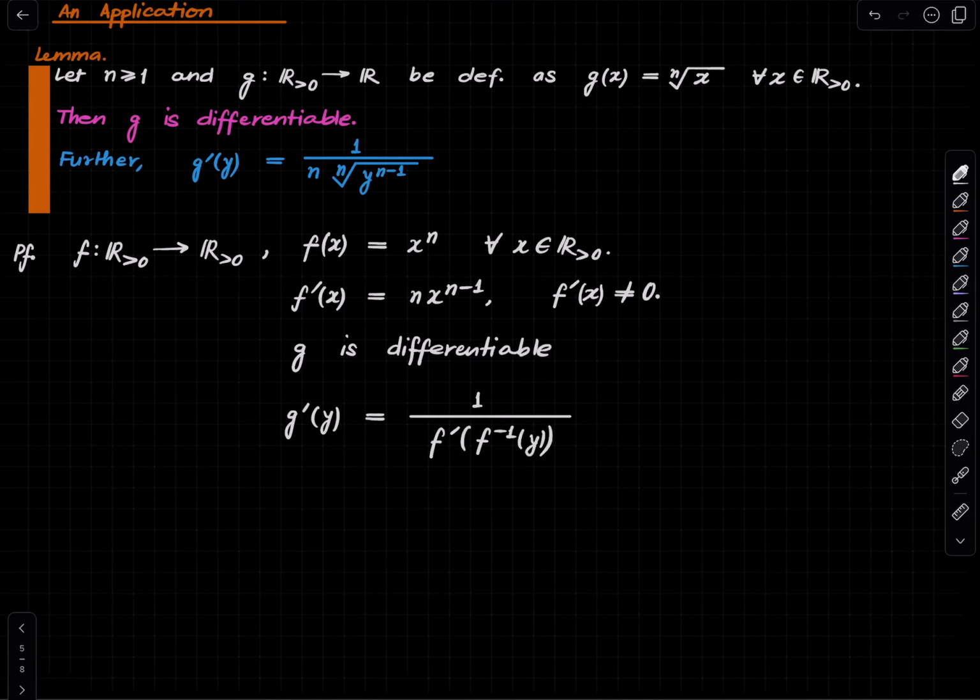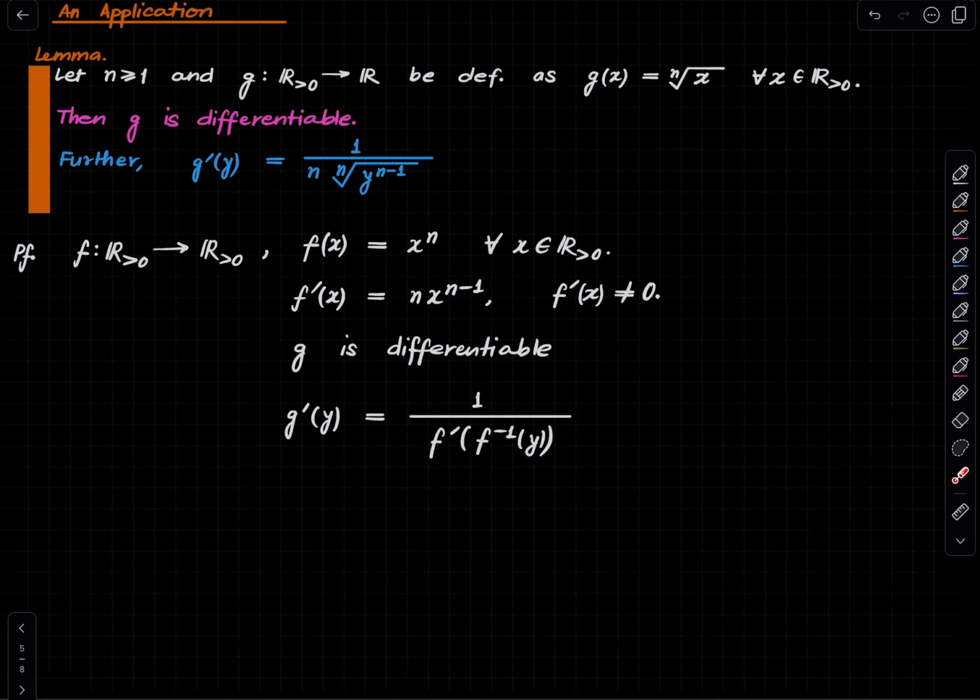And if you use this, you will get the correct thing. So very nice. We can compute derivative of surds now. In fact, for the first time, we know that surds are also differentiable and we can compute their derivatives.